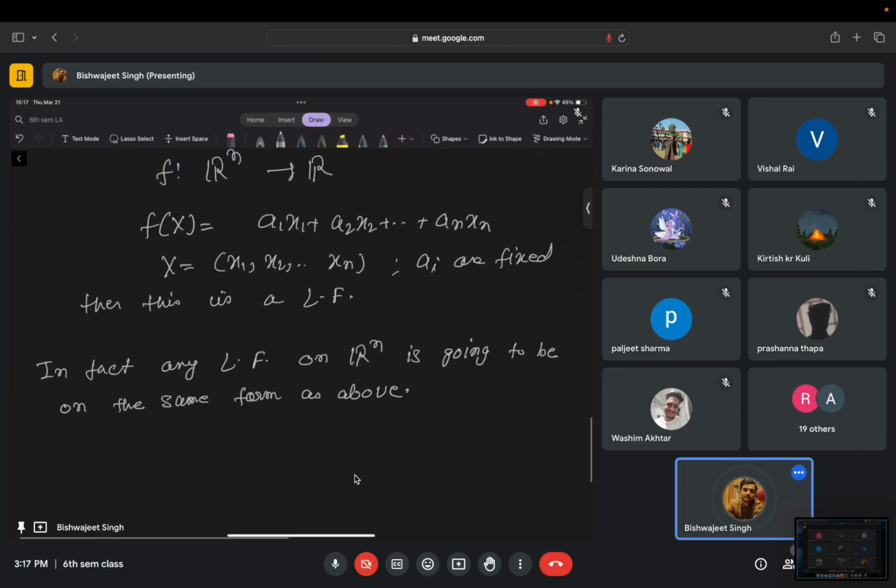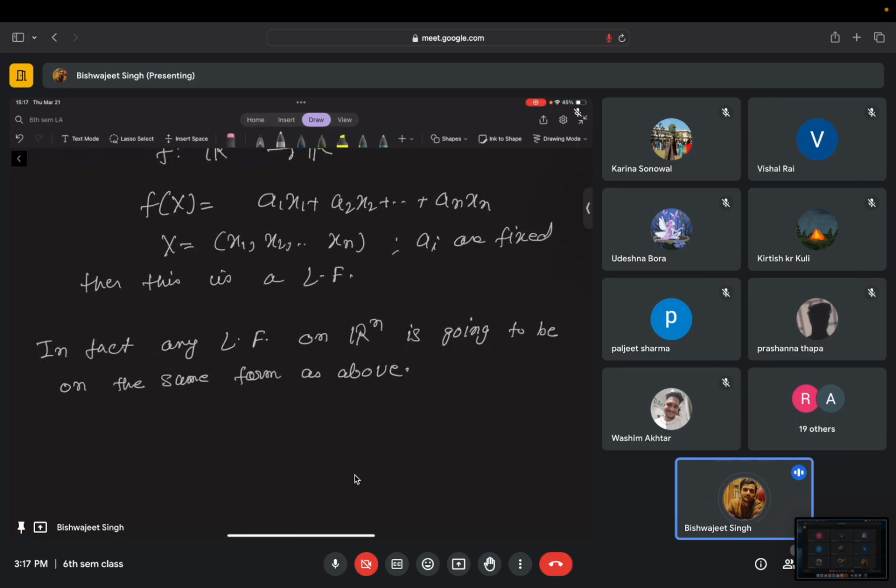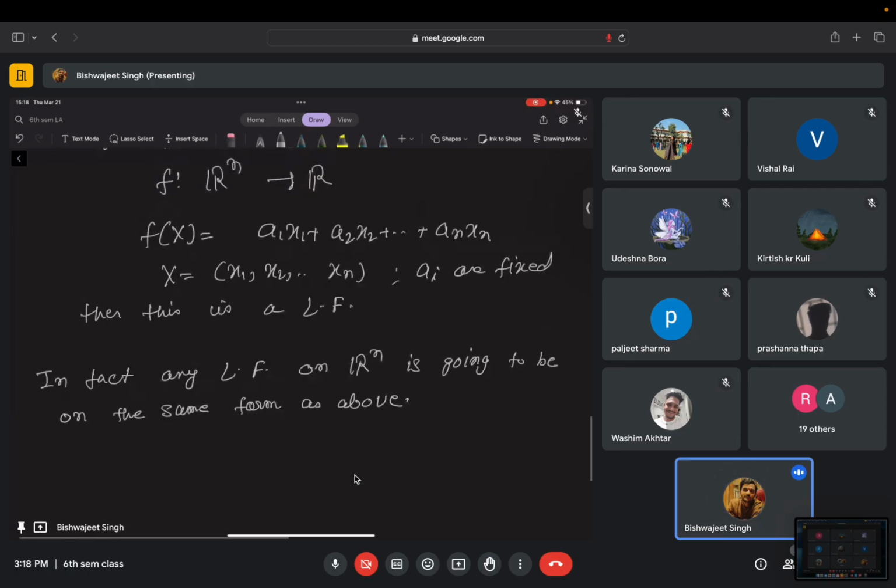So what this statement is saying is that given any linear functional from Rn to R, however you can define it, it is going to be of exactly this form only.